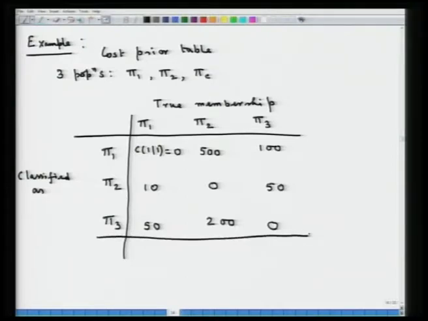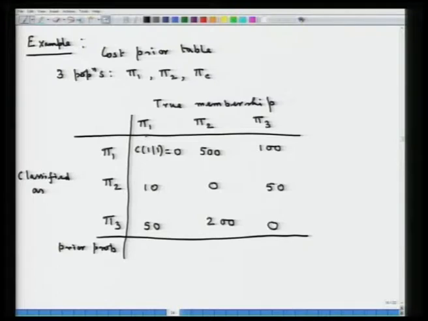Note that this 3 by 3 matrix need not be symmetric, because we do not have the same costs. Like this one is C21 and the other one on this matrix is C12, and it is not really natural to assume that the 2 will be equal, and hence we have 2 different misclassification costs corresponding to 2 such situations.